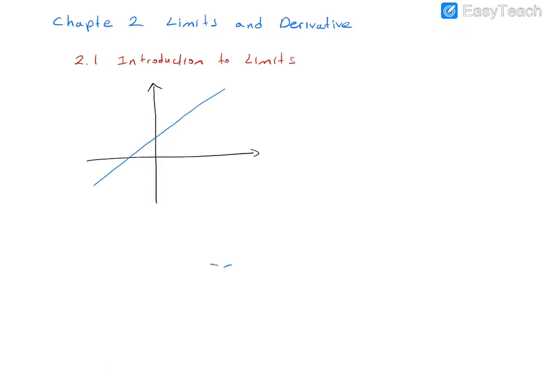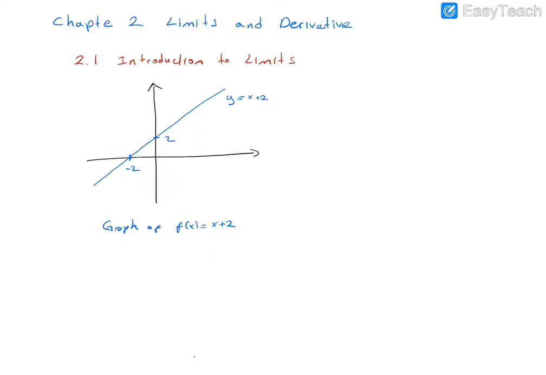The x-intercept is minus 2, and the y-intercept is 2. So this is the graph of y equals x plus 2, or the graph of the function f of x equals x plus 2.